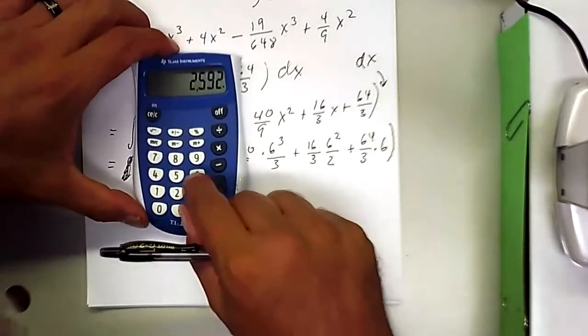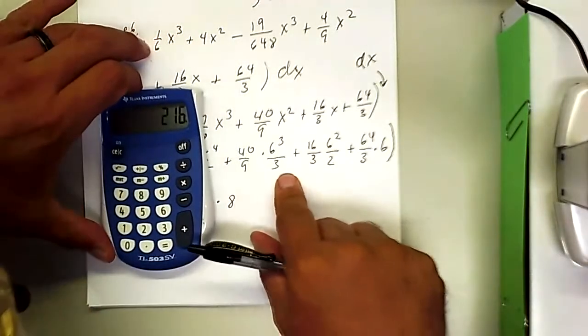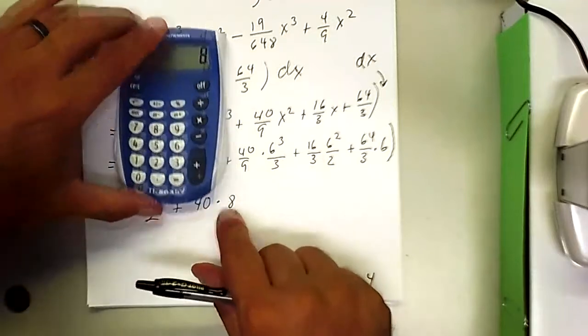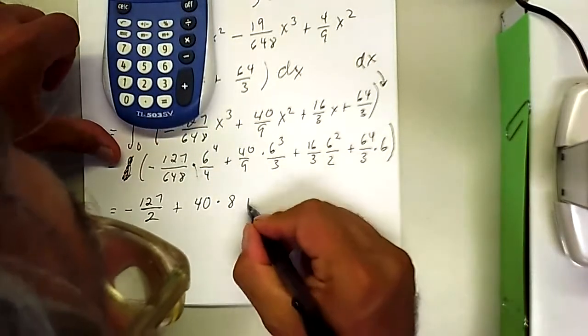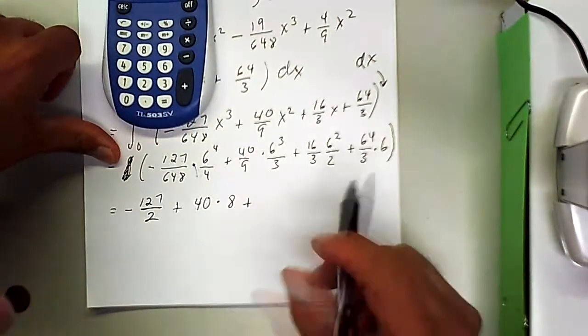You can double check. 6 cubed, divide by 27, yep, 8.